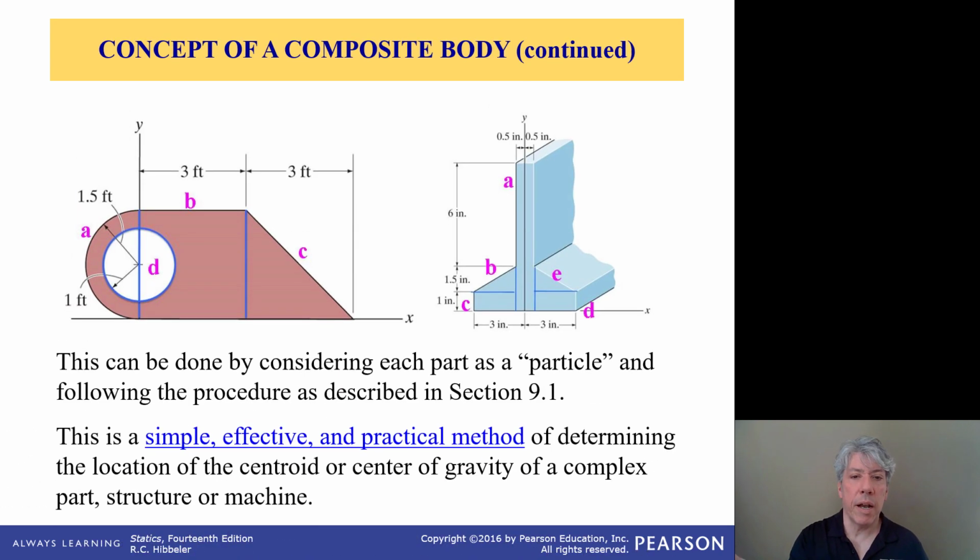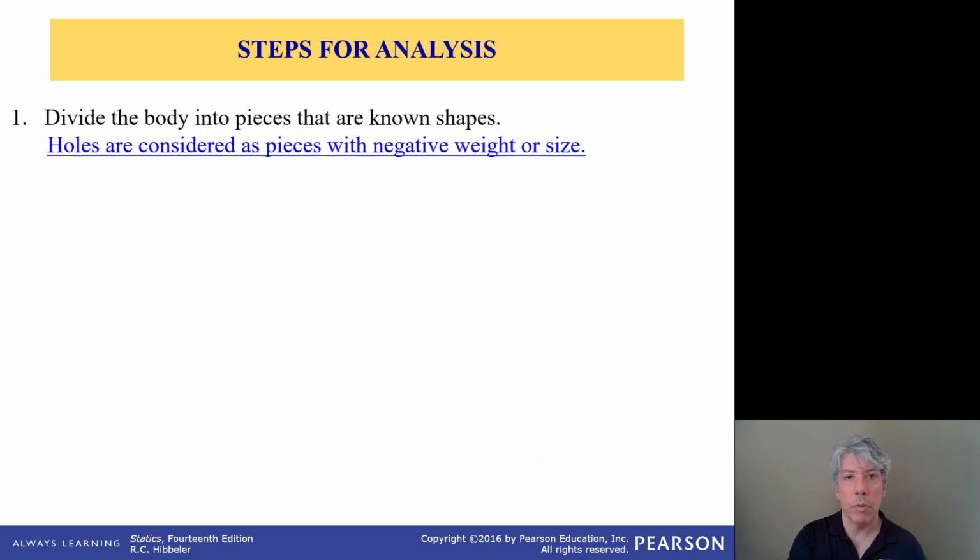So basically all we have to do is consider each of these parts as like a particle. In other words, all of their properties concentrated at one point at the centroid of that particular body or area, and then use a procedure very similar to what we did in the previous section. So this is a very easy way to find the centroid or the center of gravity of a more complicated machine or area or whatever we're trying to deal with.